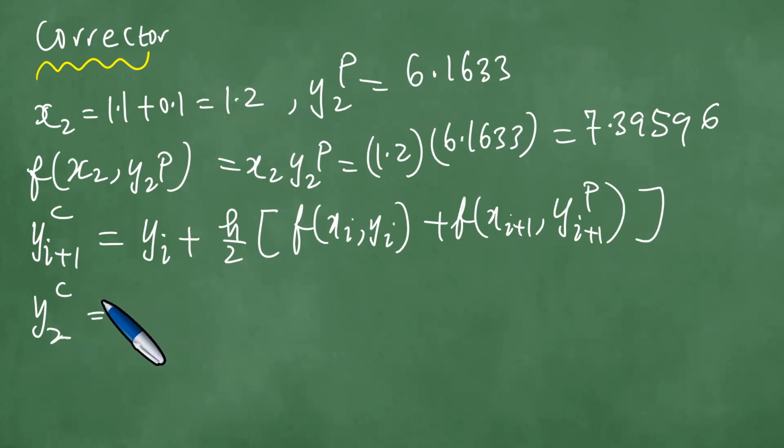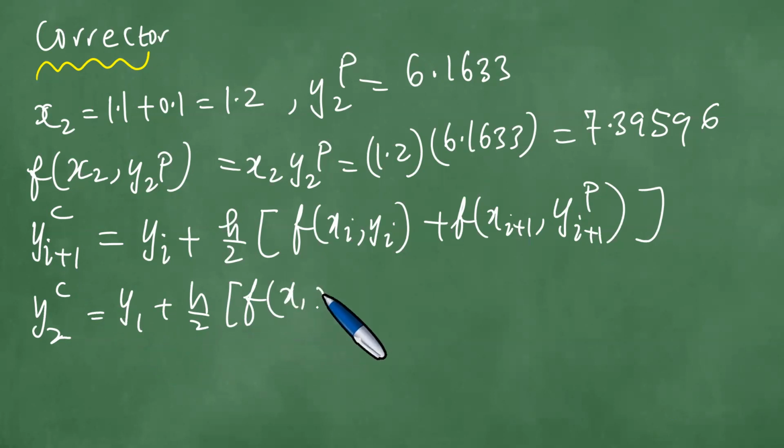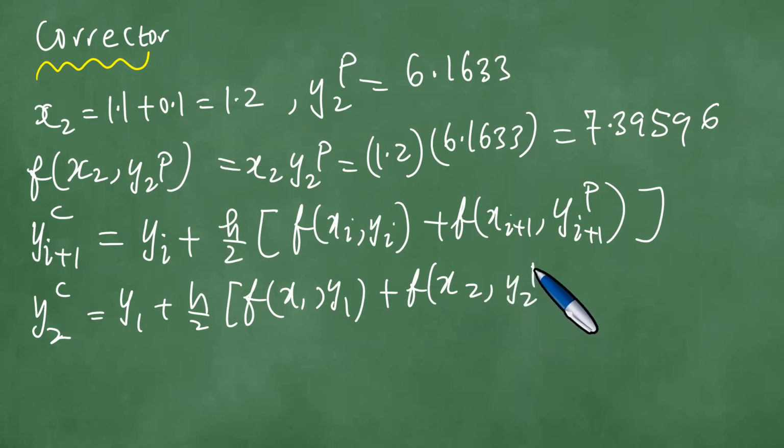What is y2 of the corrector? y2 occurs when i is 1 here, so you have 1, and then this one, 2, 2p. Okay, we have this. And then what is y2c?